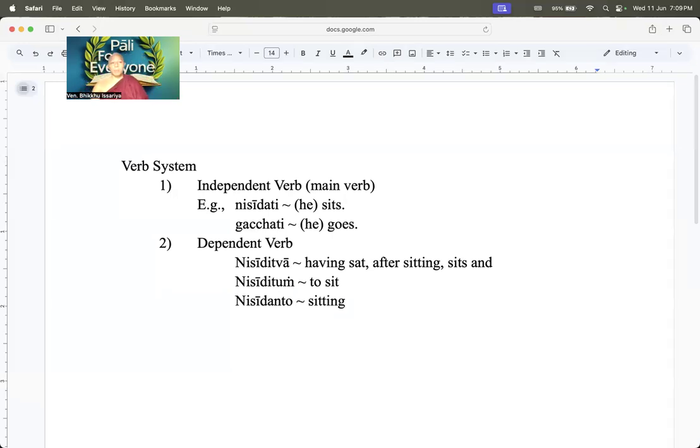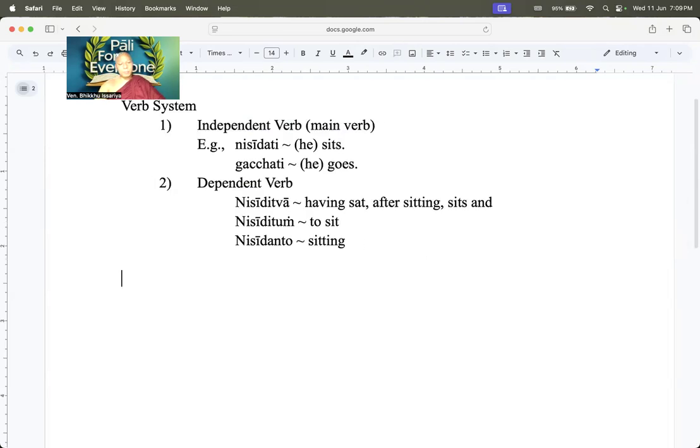So how are they formed? Not so complicated actually. Now just to understand roughly, we are forming the Pāḷi verb, especially the independent verb. So like in English, tense. In Pāḷi, well, I think that nisīditvā is not sits.